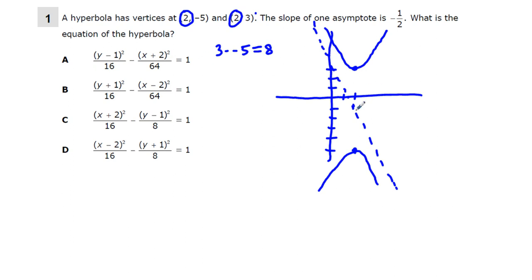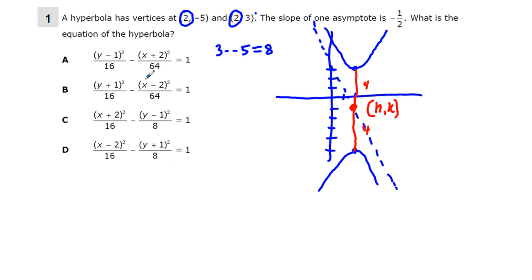So that's going to be 4 here, and 4 here, and they add up to 8. This center is really important because that center of our hyperbola is going to be the point (h, k).